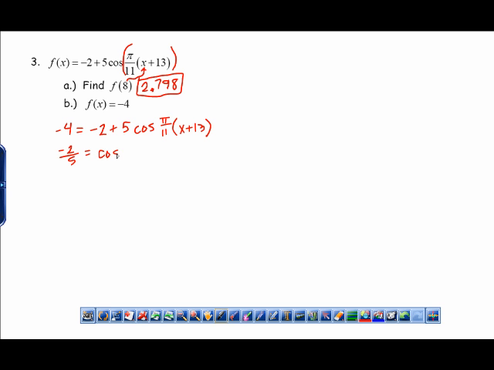And that equals cosine of pi over 11 times x plus 13. Okay, now the expression for my angle, pi over 11 times parenthesis x plus 13, is equal to arc cosine of -2/5.